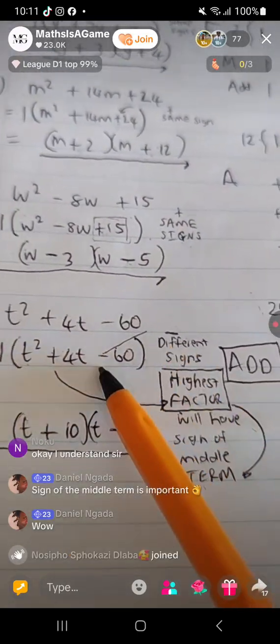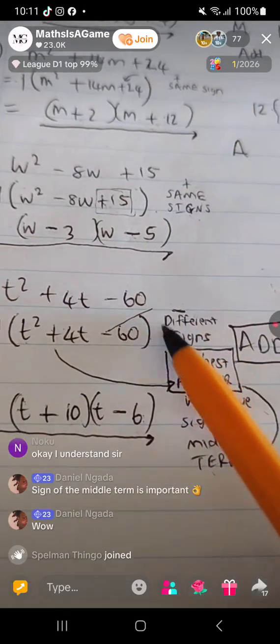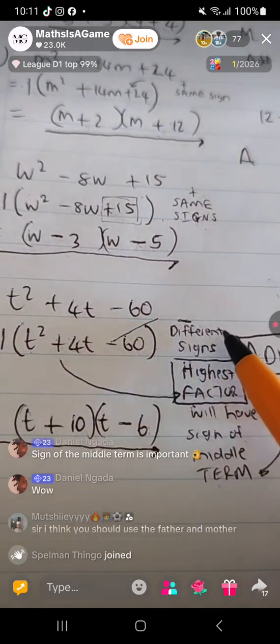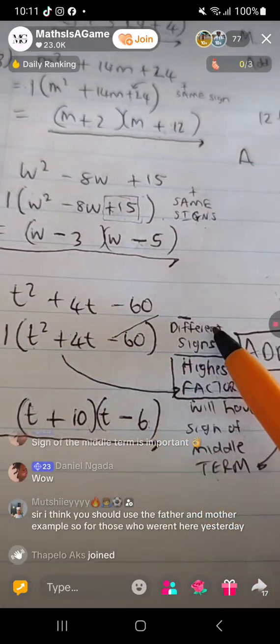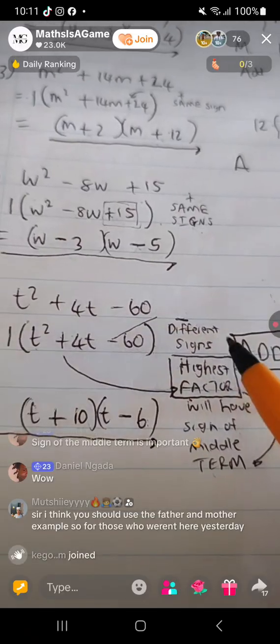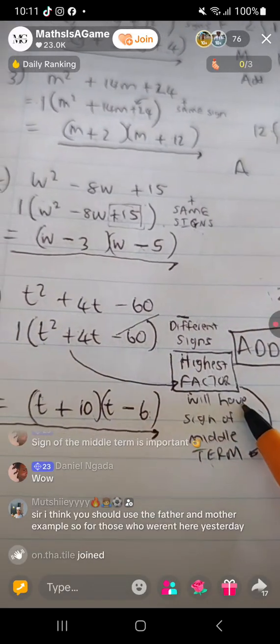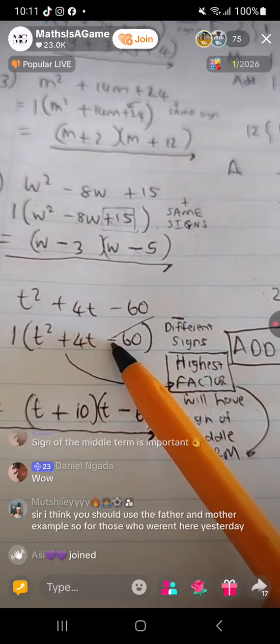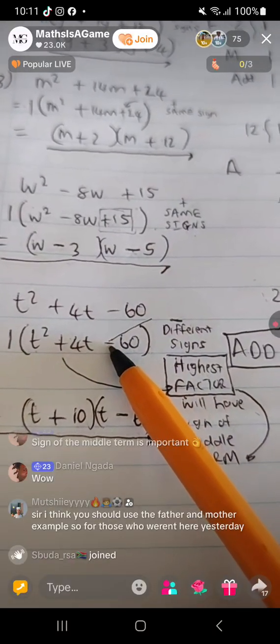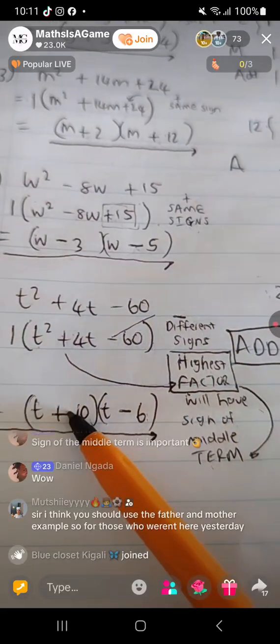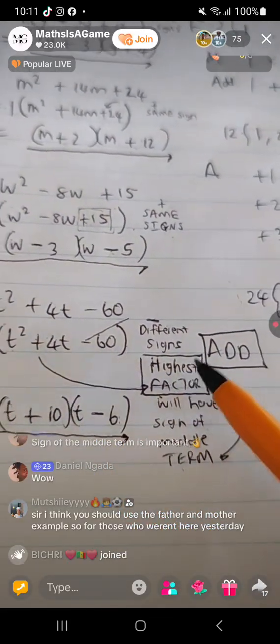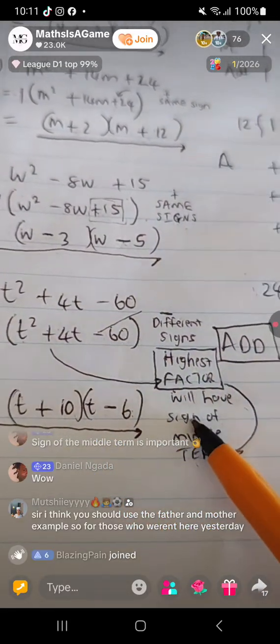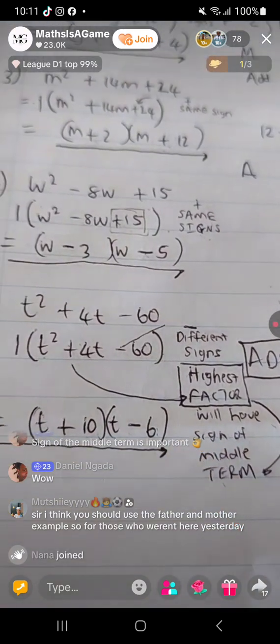I repeat, when we have a negative constant, a negative last term, it means different signs. Then we say the highest factor will have the sign of the middle term.